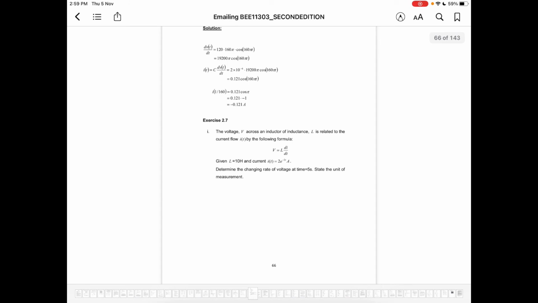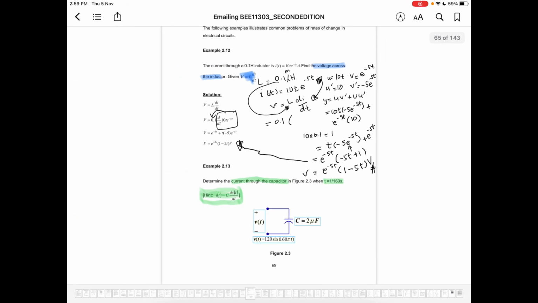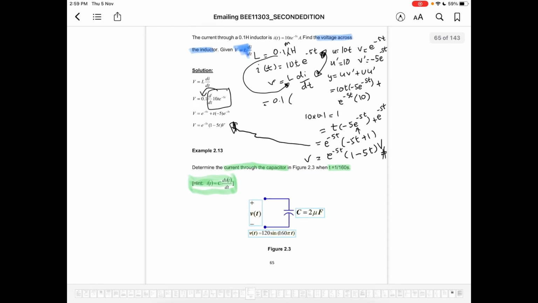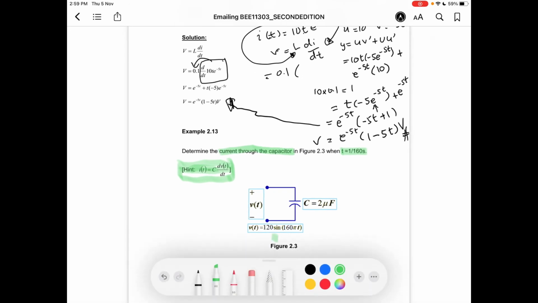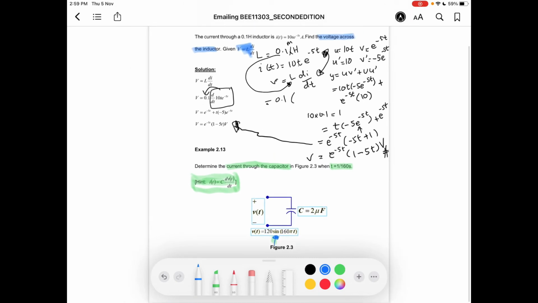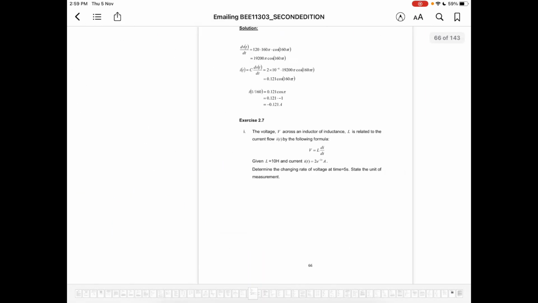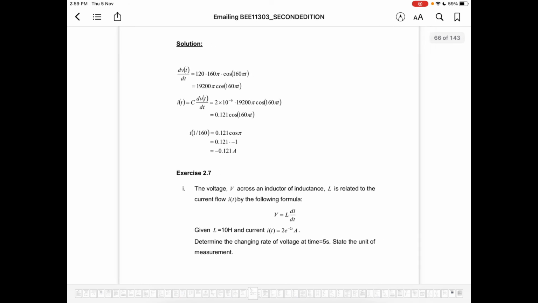So the solution, since the VT involves sine function, you probably see it's a little bit difficult, but again, it's actually very simple.